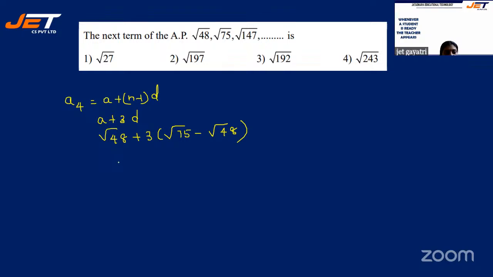Okay, so root 48 plus 3 root 75 minus 3 root 48. So minus plus 1 becomes 3 minus 1.